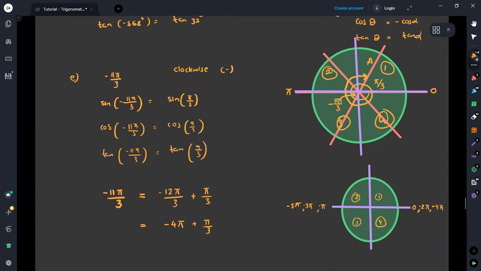Therefore, here this minus 11 times π over 3 can be taken as: entire one round is minus π, minus 2π. Then another round will become minus 4π, but we are again measuring the angle in the anti-clockwise direction. Therefore, at this point we are getting the angle as minus 11π divided by 3.